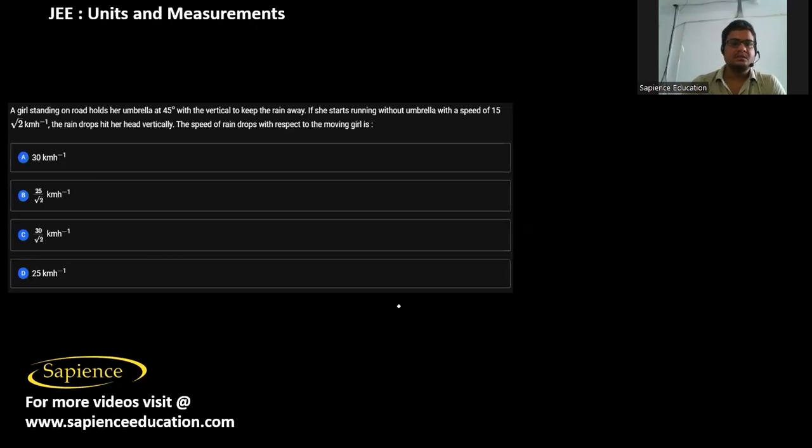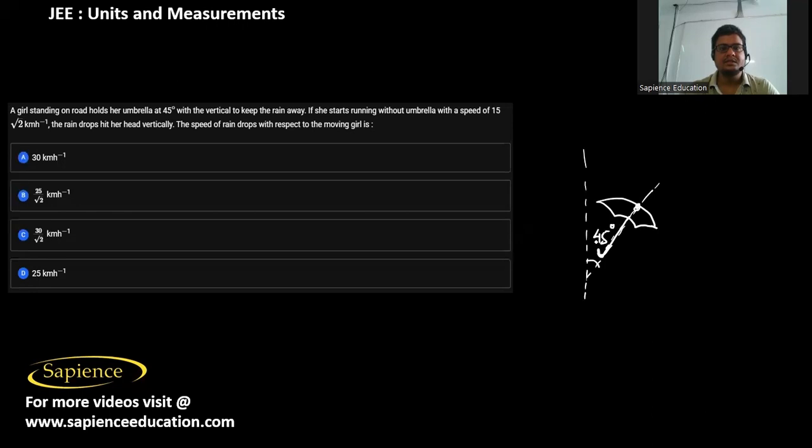Then here it is told a girl standing on the road holds her umbrella at 45 degree with the vertical to keep the rain away. She keeps the umbrella at an angle of 45 degree with the vertical.